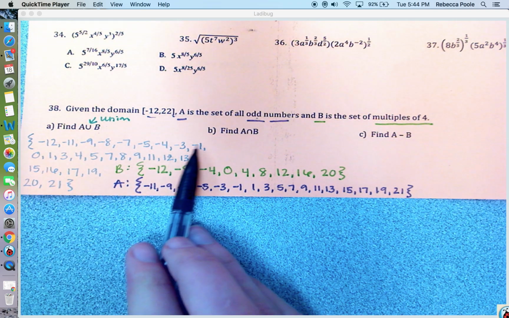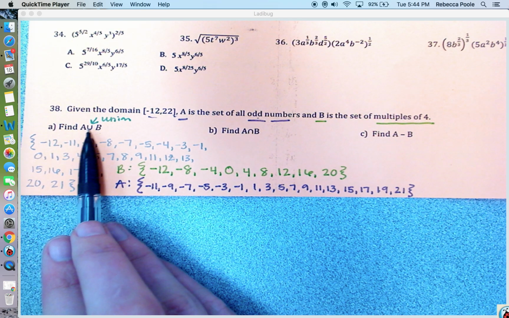All right, so that is the set that has any number that's in A or B.